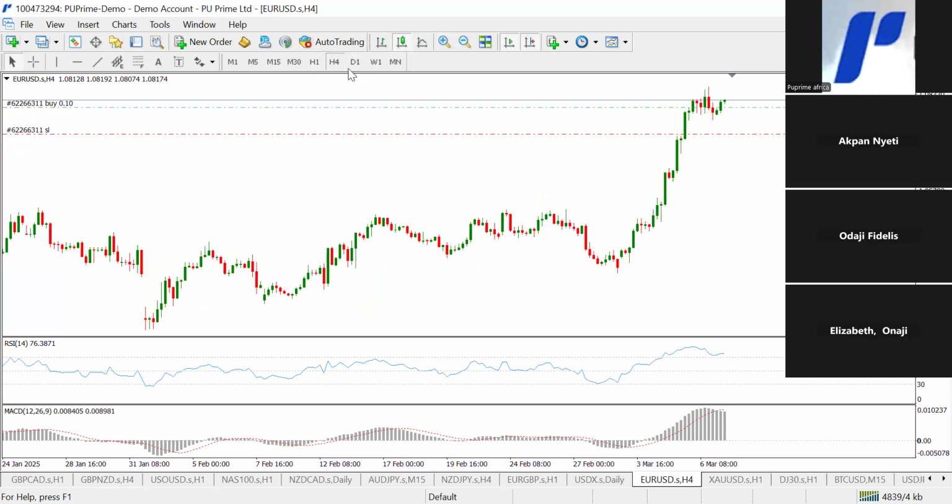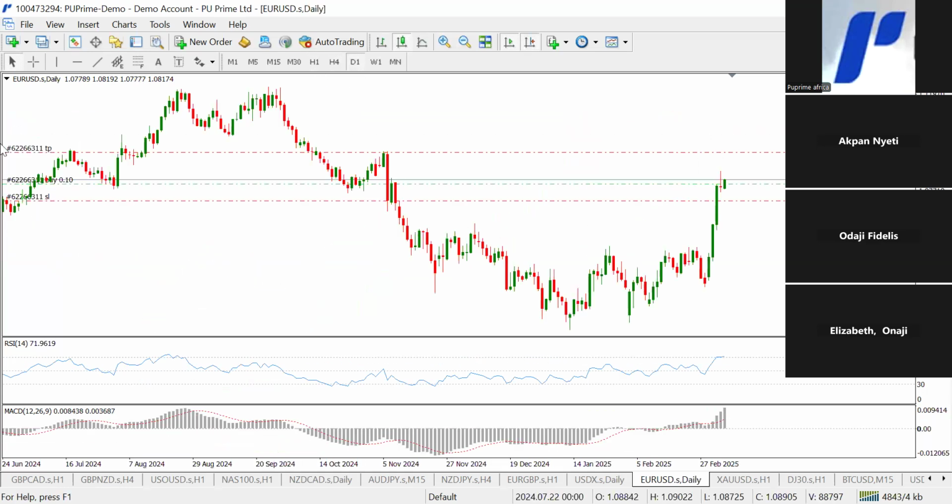Okay. I'm seeing a head and shoulders, which is like a reversal pattern, but I'm not seeing any corresponding resistance or trend line. So let me check it at a psychological level.